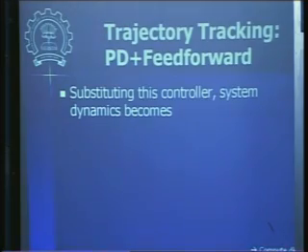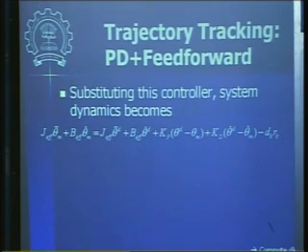So now we substitute this control expression shown previously into the system dynamics, and then you will get this expression. This is a feed forward term, this is our normal PD term, and this is a disturbance term that is already there in the dynamics.